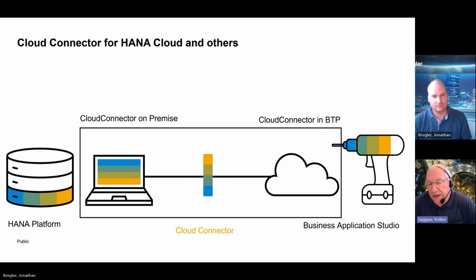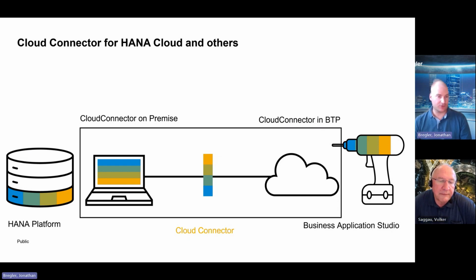And there we then can, with Business Application Studio, access this connection to the HANA platform as if it would stand within the cloud. So it's a kind of remote access, which is tunneled, secured, and with all the security bells and whistles. So for that, what would we need, Jonathan?